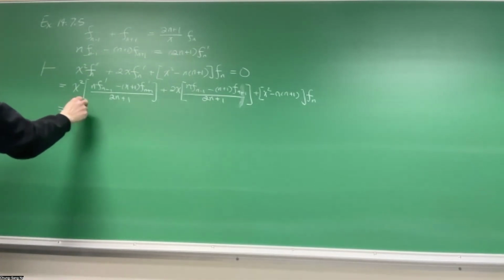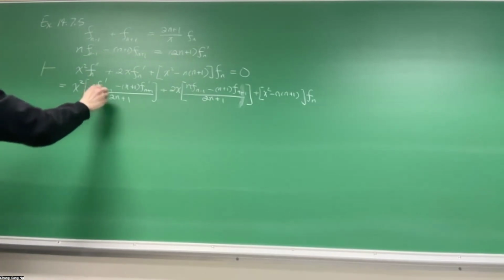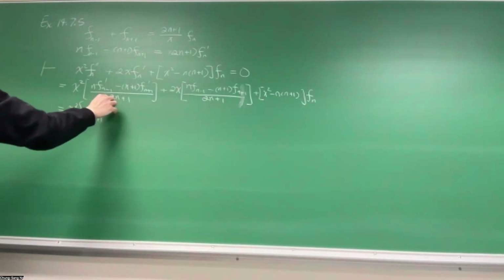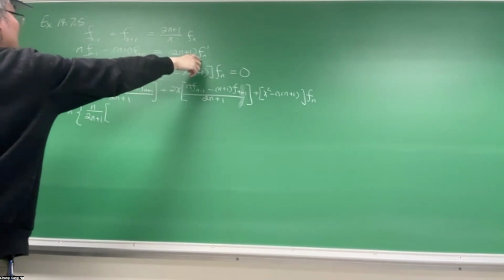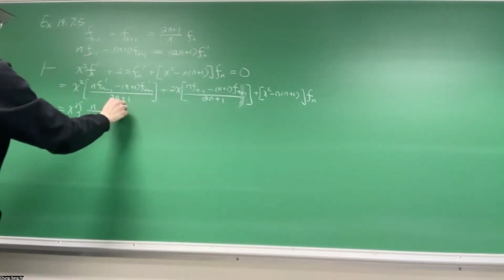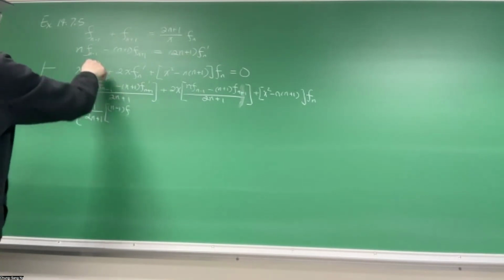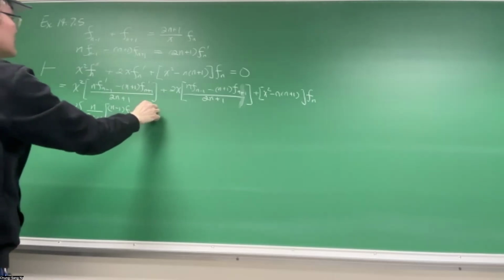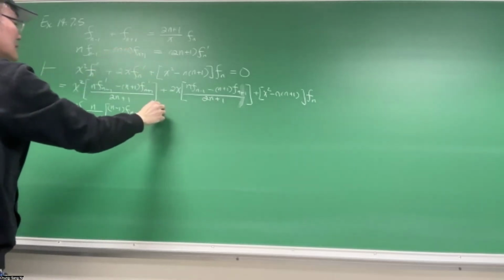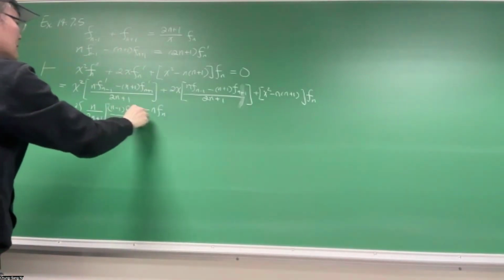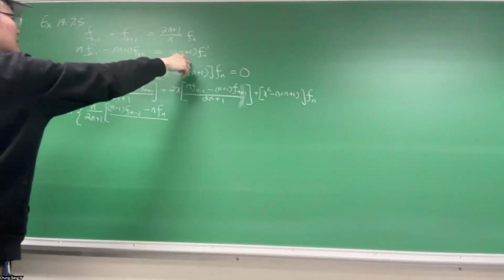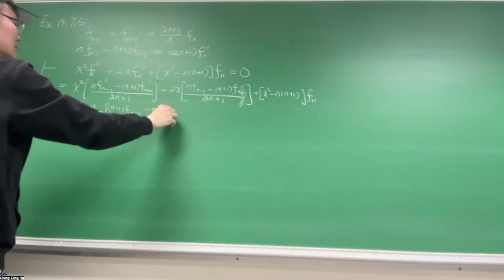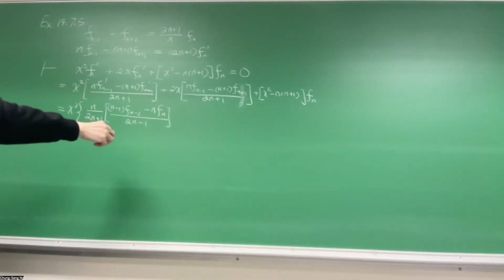For the first one, the coefficient, you shift that n to n minus 1. So that becomes n minus 1, and this becomes n minus 2, right? And then minus n minus 1 plus n, f sub n, and then n minus 1 to n minus 1, right? So that's the first term.